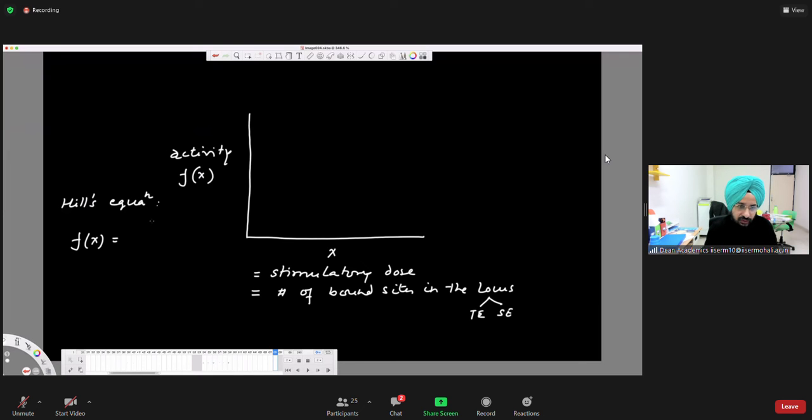So this is given by x to the power n divided by x to the power n plus Kd, which is the dissociation constant, the concentration of x at which the activity is half. That's called the dissociation constant. Now this equation looks very similar to the logistic growth equation.